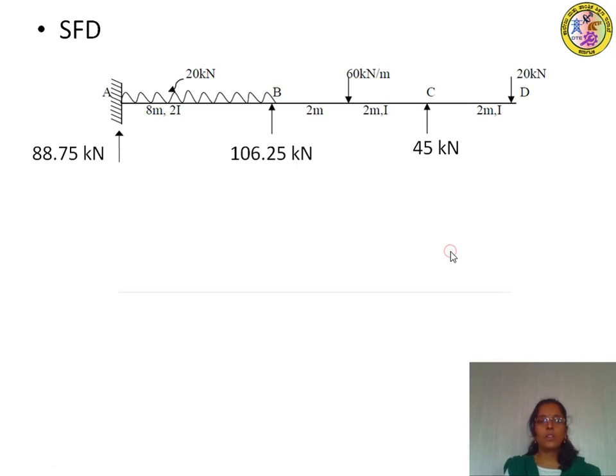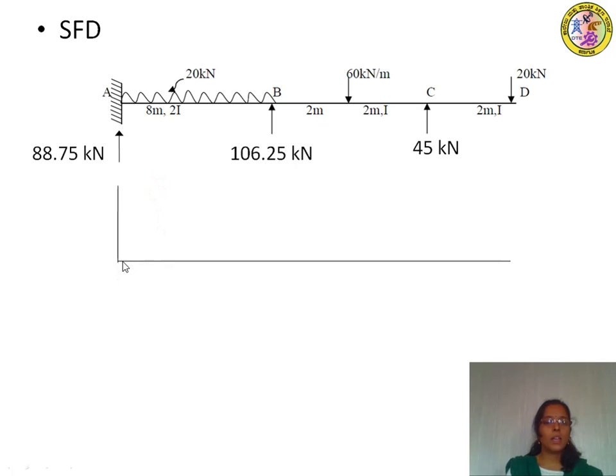So to draw the shear force diagram, let us draw the baseline of same length as that of the given beam. Let us calculate the shear forces at left and right of each point. Shear force to the left of A, it is 0, and then shear force to the right of A, we have an upward force of 88.75. Therefore, mark it above the baseline for 88.75 kilonewton.